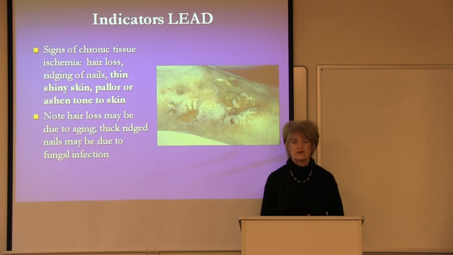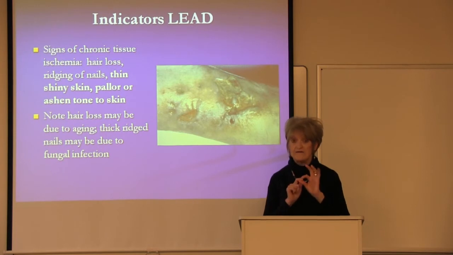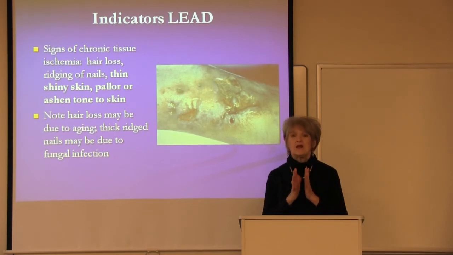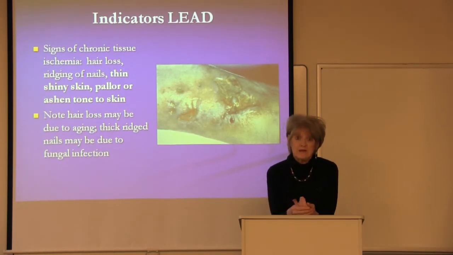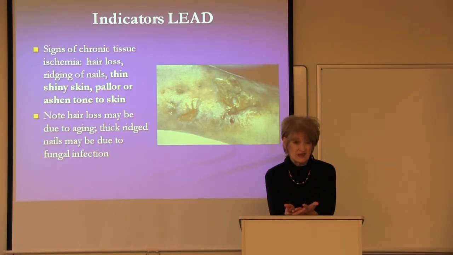And what about nails? Well, you think about the fact that if you're not getting enough blood flow to the nail bed, you're going to have very thin nails. And they typically will have these little ridges in the nail. The problem is that many patients who have lower extremity arterial disease also have fungal nail infections. And fungal nail infections make the nail thick, yellow, discolored.